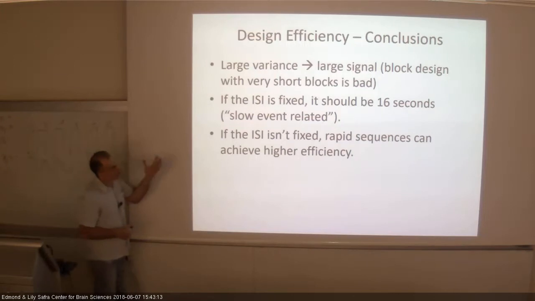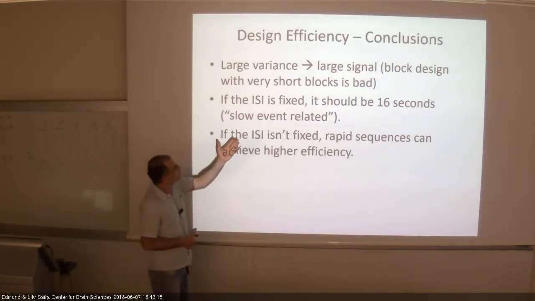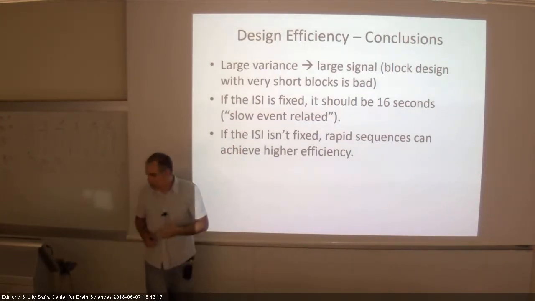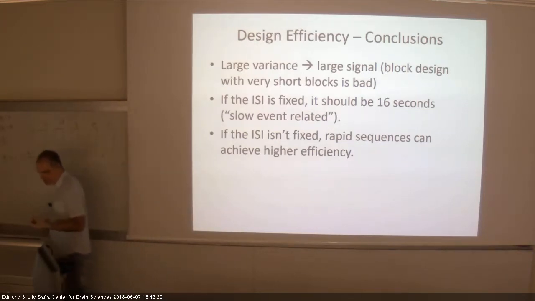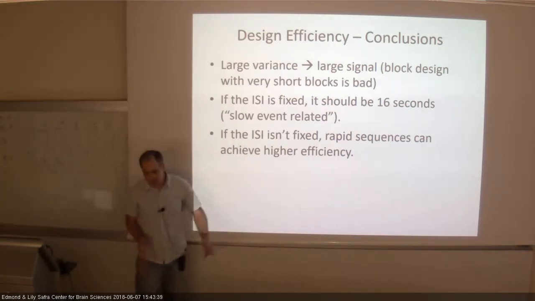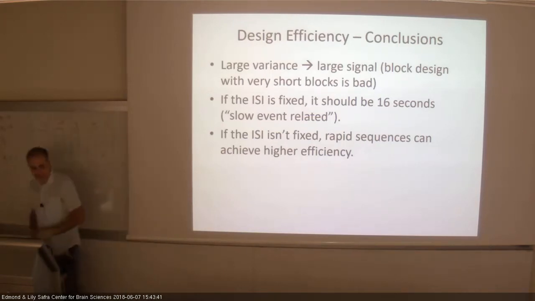In general, large variance means large signal. Okay, so like we saw, block design with very short blocks is bad. Of course, in a real block design, you only look at the beginning of the change. So you can do that, but you cannot relate to specific trials within the block. When the ISI, so interstimulus interval, isn't fixed, so we add jitter, rapid sequences can achieve very high efficiency.